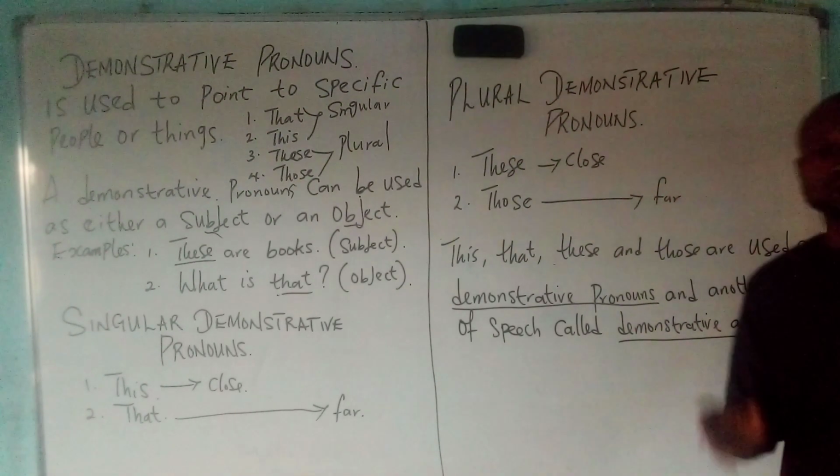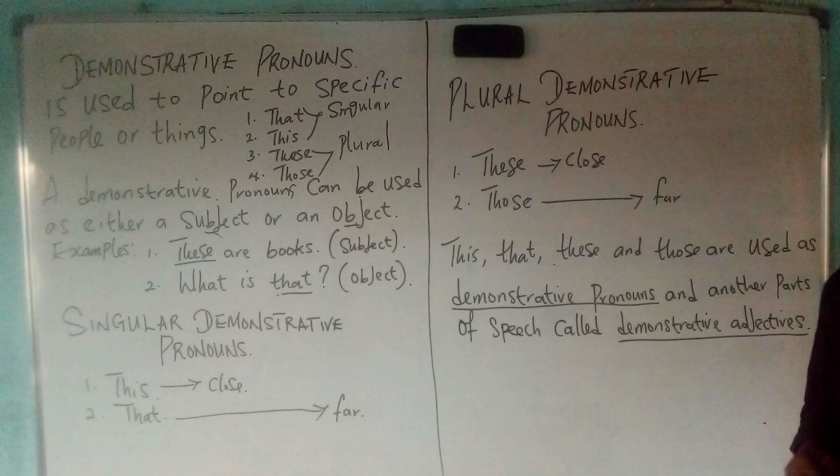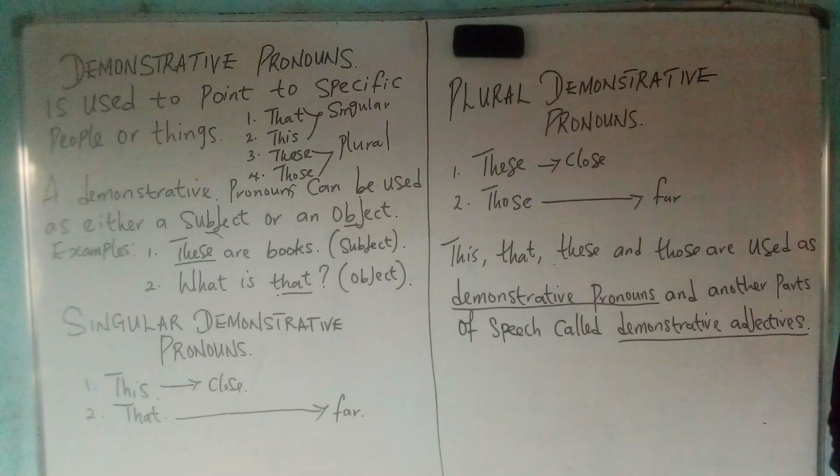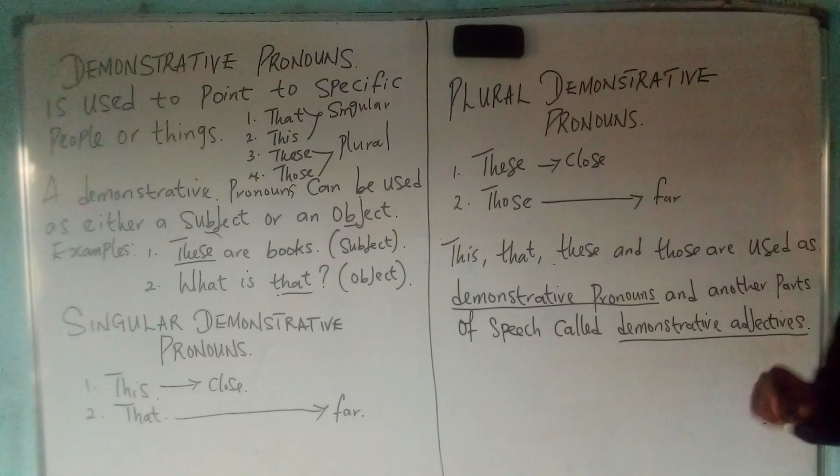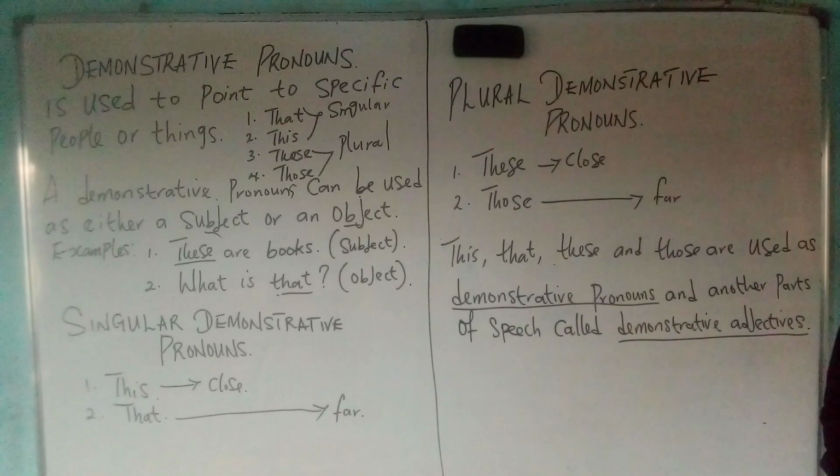Therefore, the last thing I'm going to talk about today is to make mention that whenever you hear demonstrative pronouns and demonstrative adjectives, they are not the same. Demonstrative pronouns are used to replace a noun, or majorly they act as what? Subject.